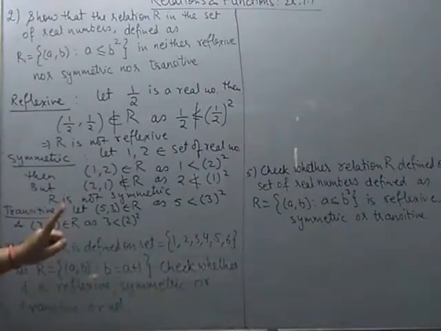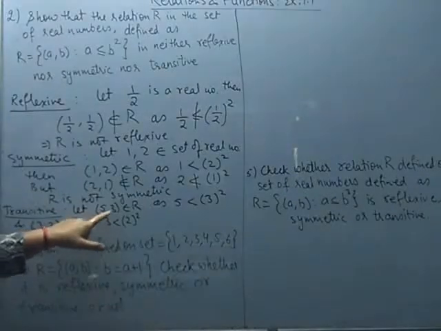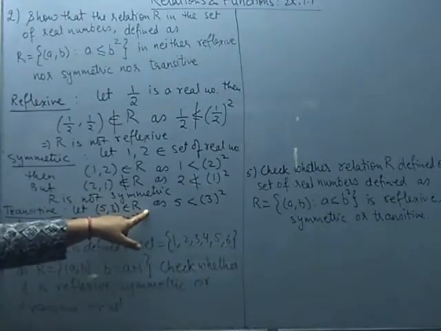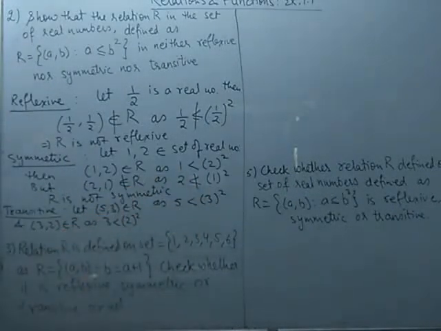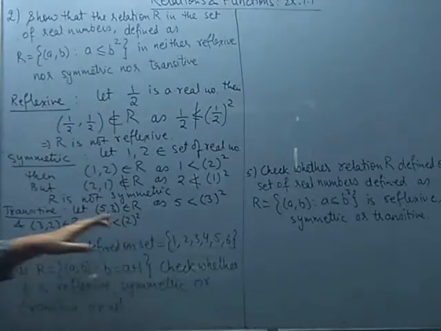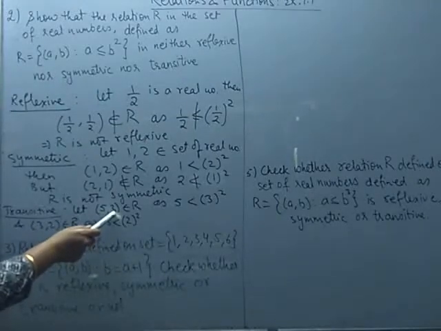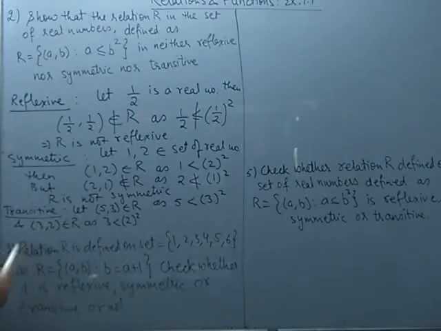I have taken three real numbers. What are they? 5, 3 and 2. Now these three real numbers are such that (5, 3) will definitely come in the set R, because 5 is strictly less than square of 3, which is 9, and (3, 2) also belongs to R because 3 is less than square of 2. When you frame the two ordered pairs, you have to ensure the second element of the first pair and the first element of the second pair have to be same.